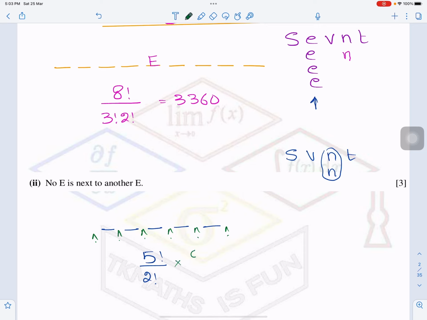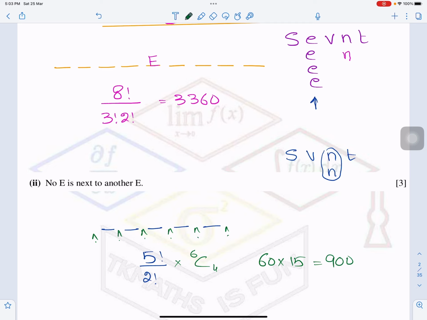So we will write 6C4. Why C? Because we are not interested in the order, and it doesn't matter which E is coming. So we will get the answer: 60 times 15 equals 900.